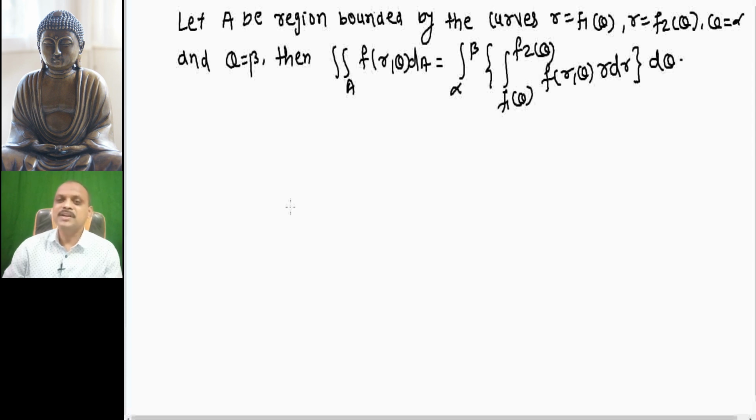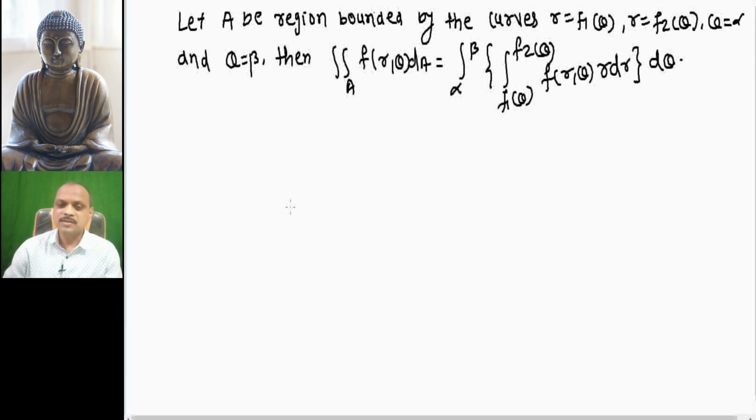Then the double integration of f of r comma theta into dA equals integration alpha to beta, integration f1 of theta to f2 of theta, f of r comma theta, r dr d theta. Integration in the bracket is evaluated first, taking theta as a constant.